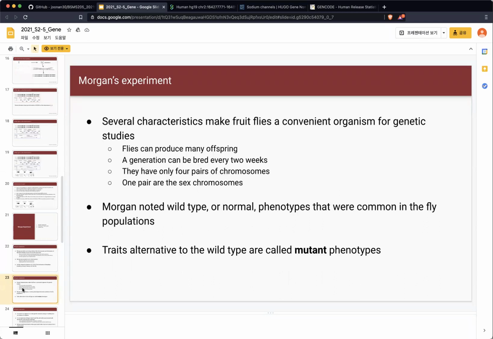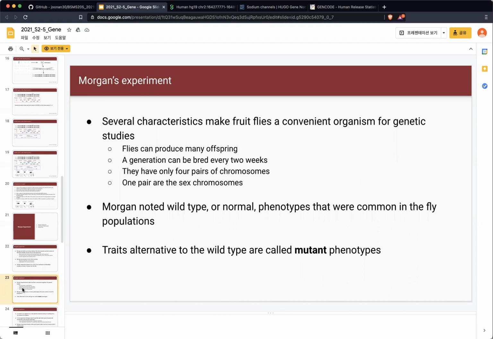Okay, so how did Morgan choose the fruit fly for his experiments? You probably learned from molecular biology or general biology courses that we use model systems to study biology because, especially in the early 20th century, we were short of the technology to see or describe biological phenomena, right?